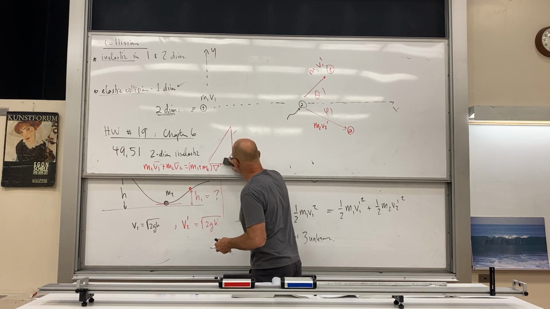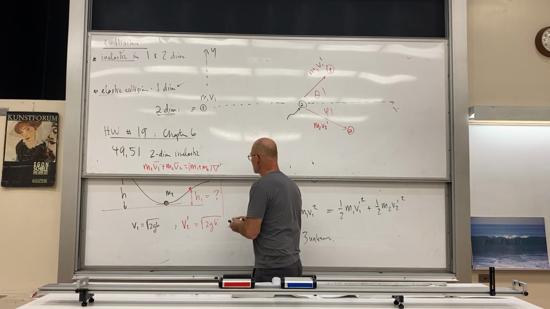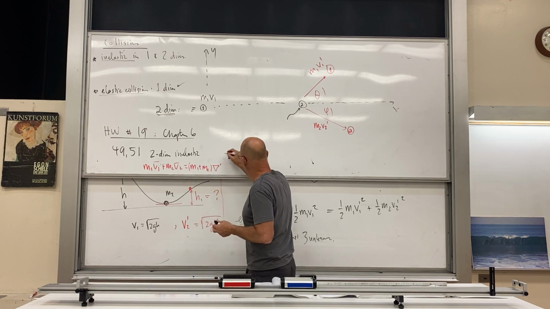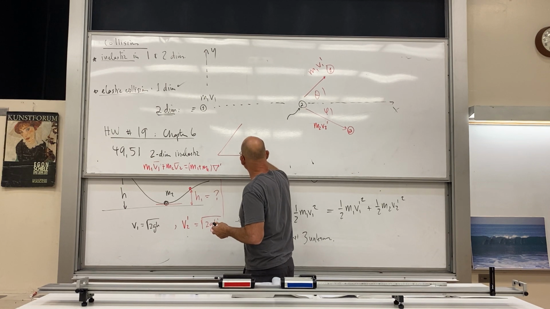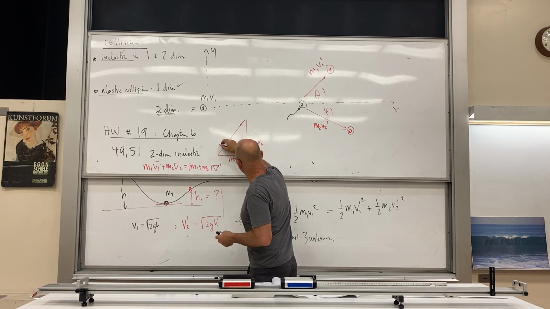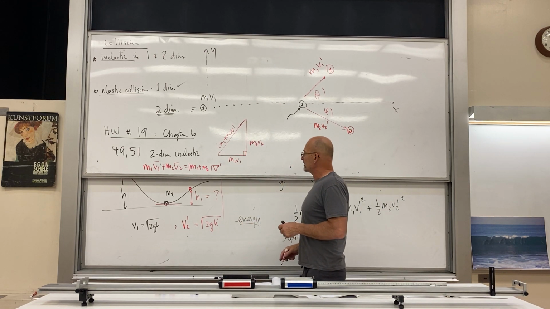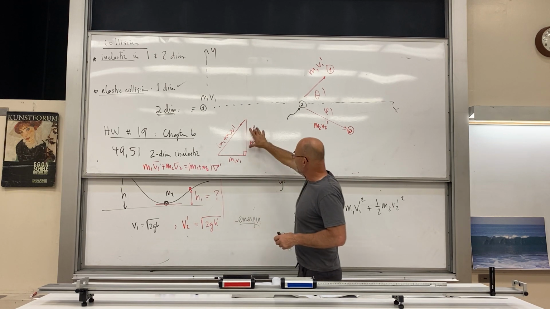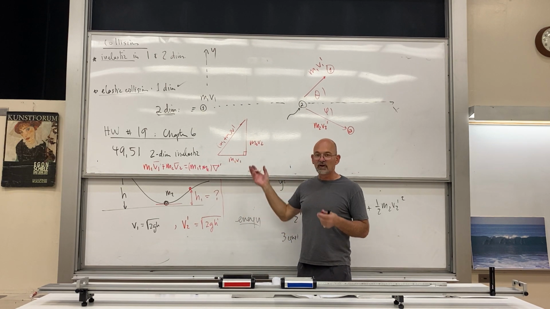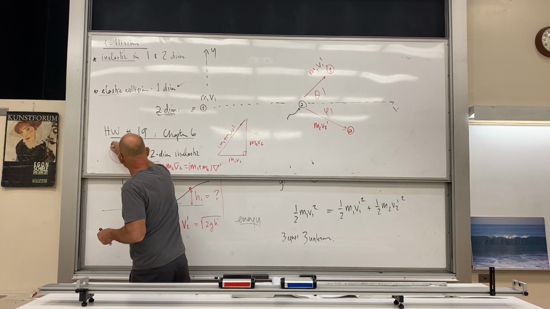Okay. So there's our equation. Long story short, this equation translates into this triangle. It's a right triangle in both cases, m1 v1, m2 v2, m1 plus m2 v prime, and whatever angle you want to place, okay? So you translate this directly into a labeled triangle, which then you can use to solve the problem. So that's for both of these, 49 and 51.